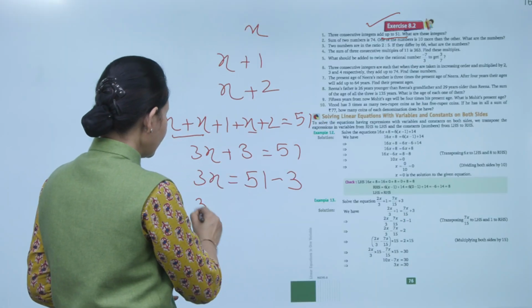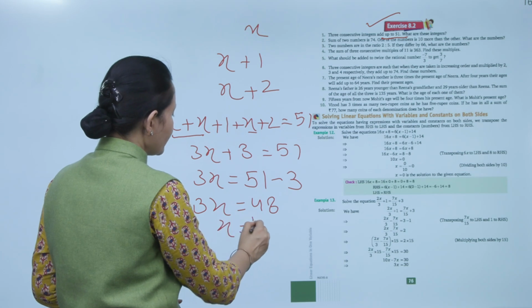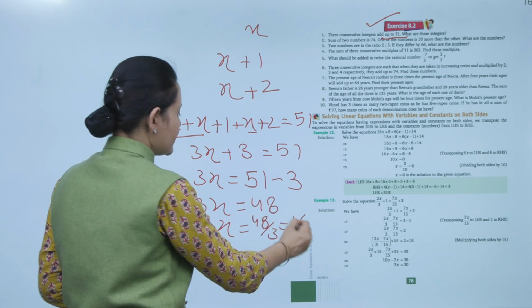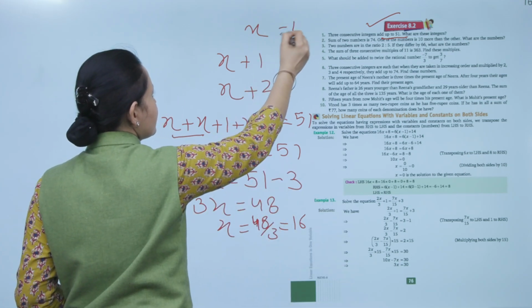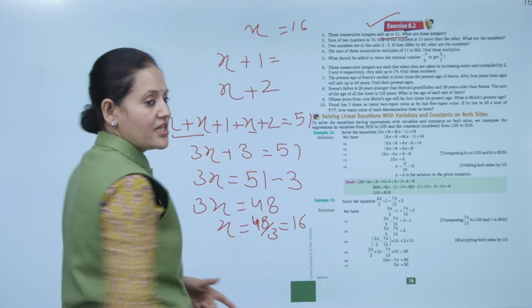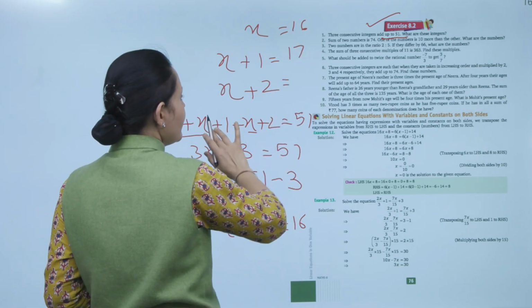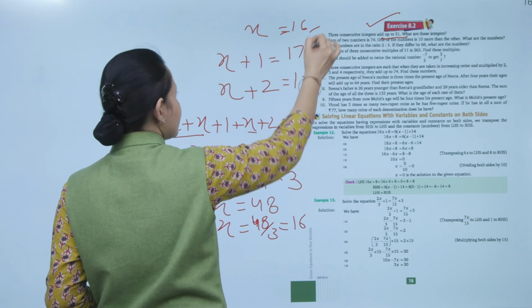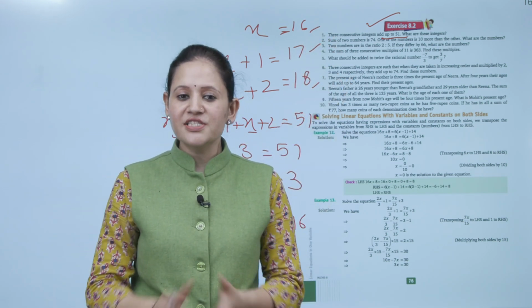So 3x equals 48. So x equals 48 upon 3, 16. So first number x equals 16, x plus 1 is 17, and x plus 2 is 18. So 3 numbers हो जाएंगे 16, 17 and 18. Clear? Practice all the questions of this exercise.